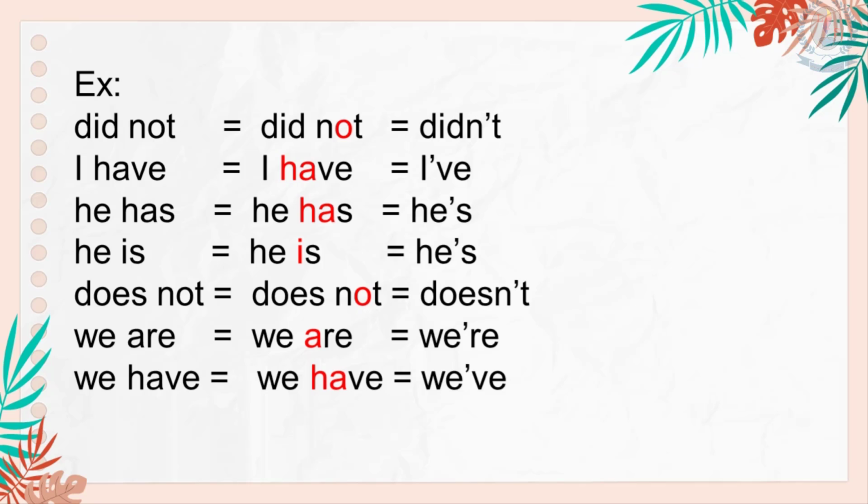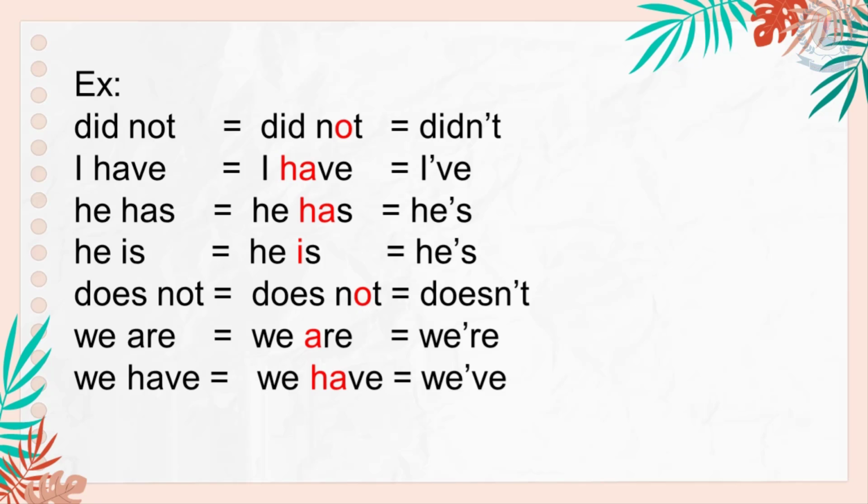Second one of this, we are. A only should be removed. So we need to add the apostrophe in that place. So it becomes we're. And also last one it's mentioned here is we have.